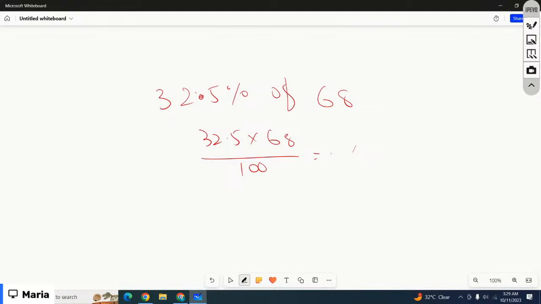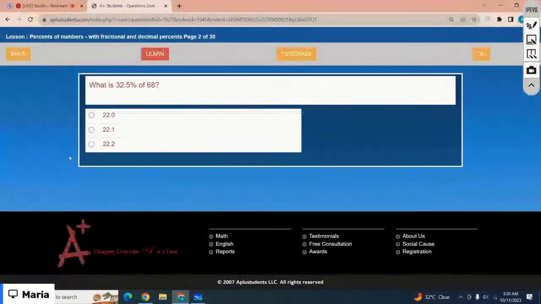That would be 22.1. That is the easiest way to calculate the percentage of a number. Simply multiply the percentage value and the number and divide by 100. That would be 22.1. Got it? The correct option is 22.1.